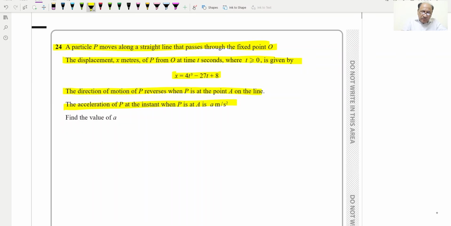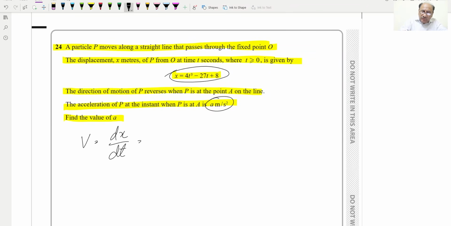The acceleration of P at the instant when P is at A is a meter per second square. Find the value of a. So first of all, we need to find the value of a. For that, first we will take this equation and find the velocity, and velocity will be dx over dt.